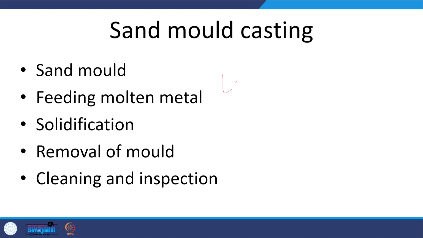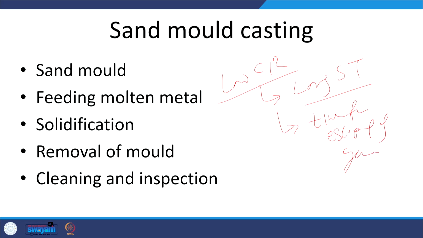There are a few aspects, like the low cooling rate associated with sand mold castings, which results in a long solidification time. Long solidification time gives enough time for escaping of gases, as well as enough time for inclusions to float over the surface, come up to the surface.